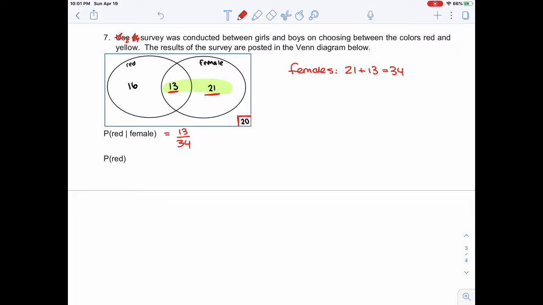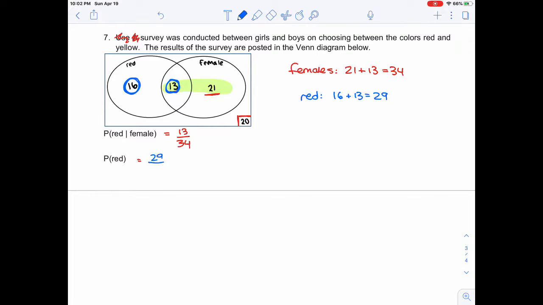And then for the probability of just having a red selected, all we have to do here is see how many people chose red. So I'll do a different color. Let's look. Here we had 16 people that weren't female chose red, and we had 13 females choose red. So altogether, we had 16 plus 13 choose red, which is 29. And now here's where we have to be careful.